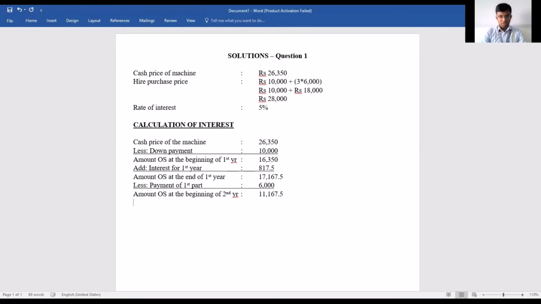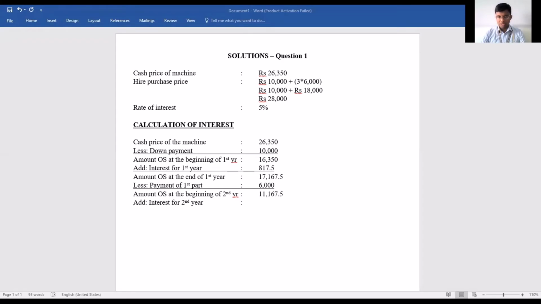Now what you will have to do is compute the interest for second year. So let's compute the interest for second year. When you're computing interest, you will have to compute the interest on the amount which is outstanding.